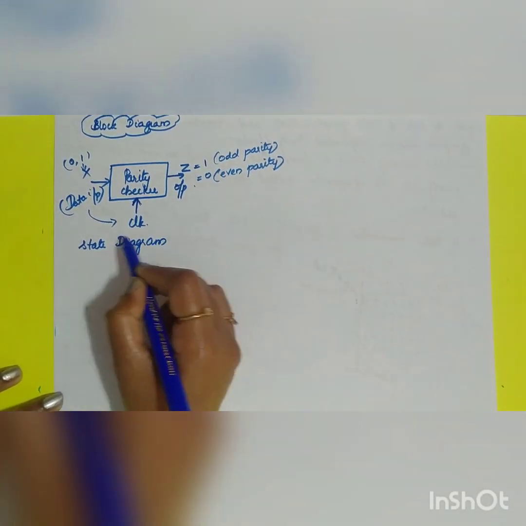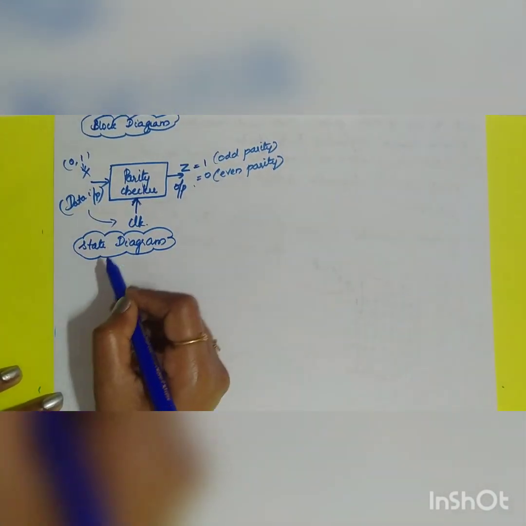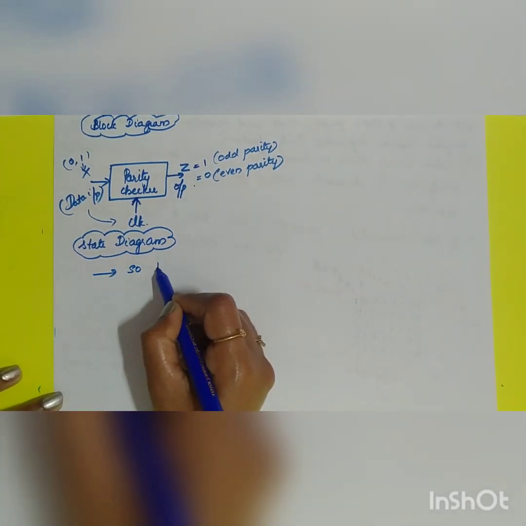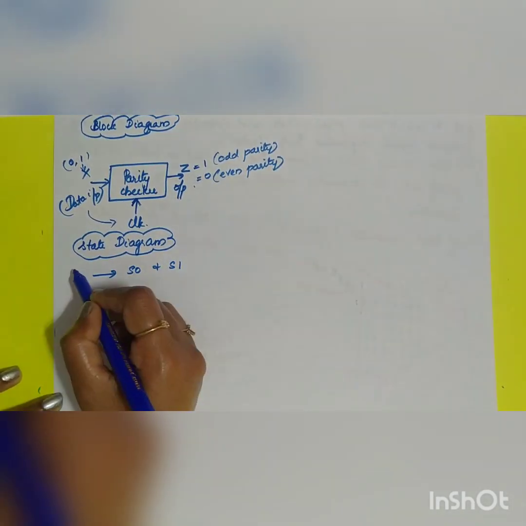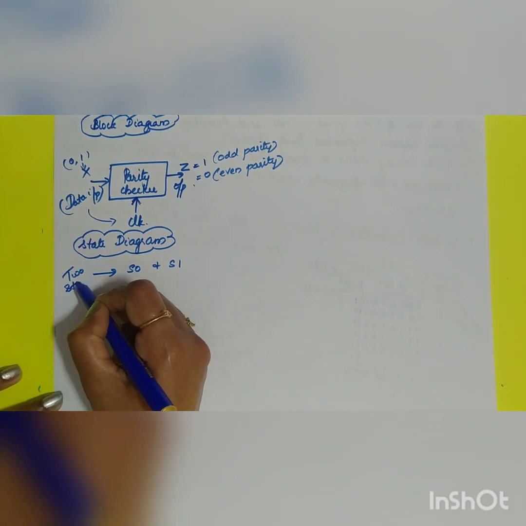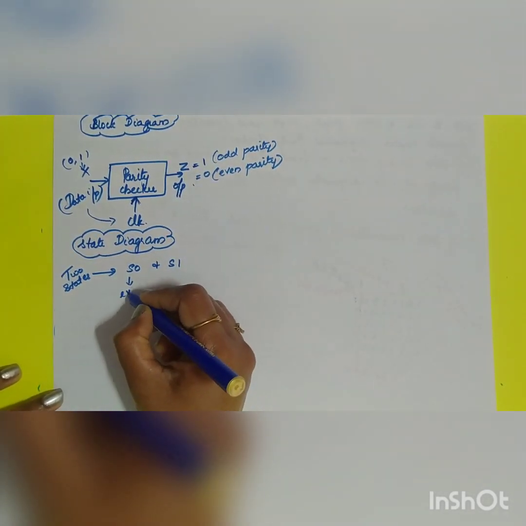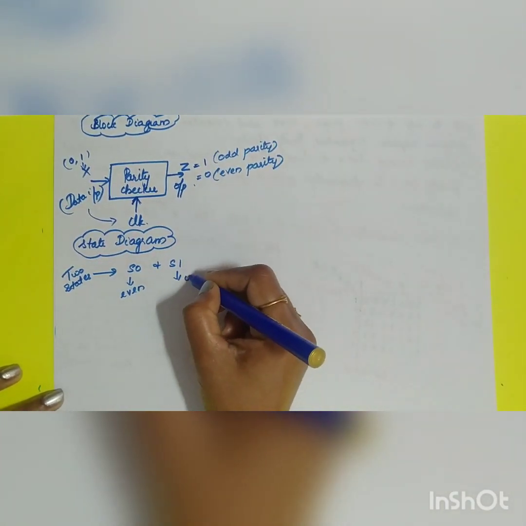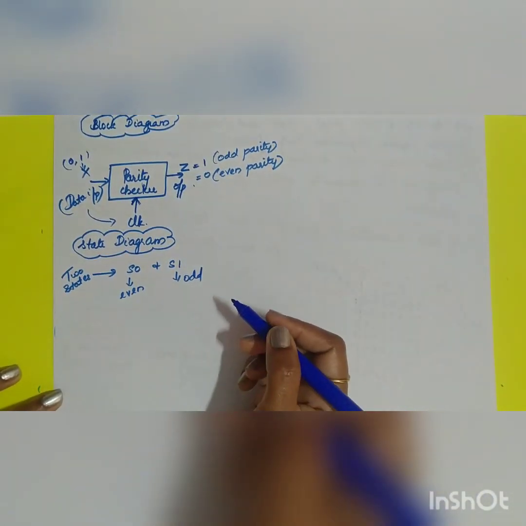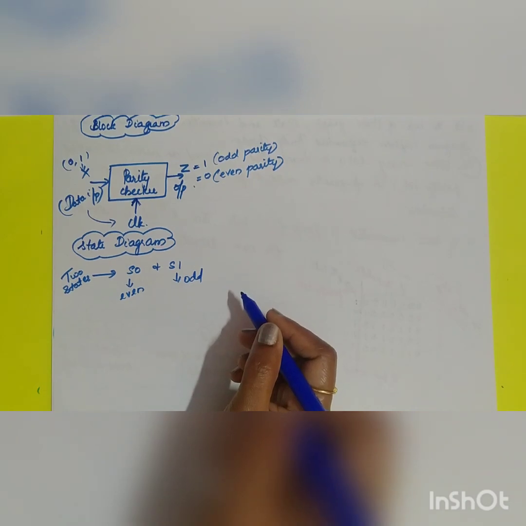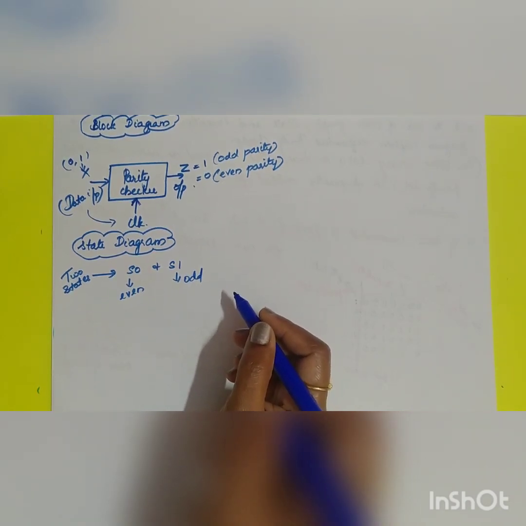Let me take the 2 states, one is S0 and the other one is S1. S0 is for an even number of ones and S1 is for an odd number of ones. Depending on this you can draw your state diagram.